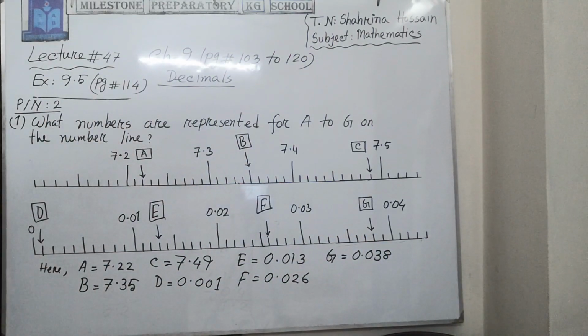Okay. This way we will find the positions of A, B, C, D, E, F, G. So the numbers represented on the number line we have already found.